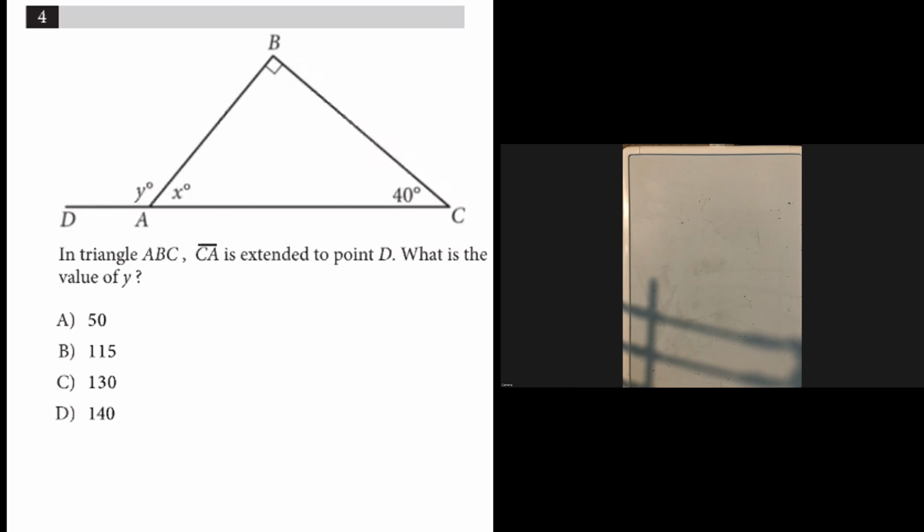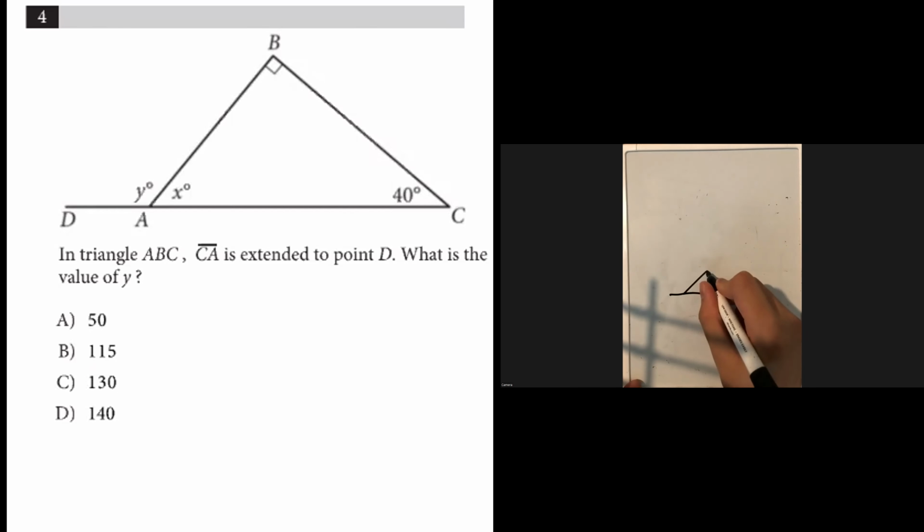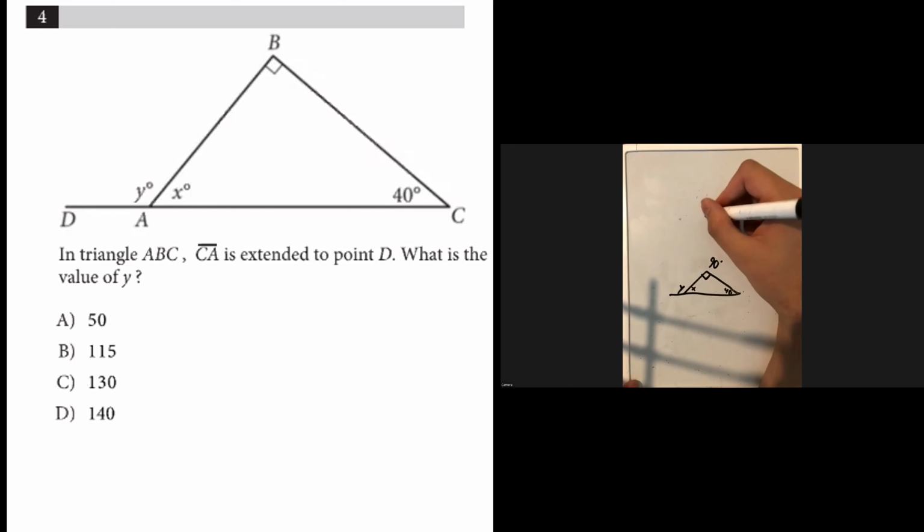All right, so for this one, it's also pretty easy. We're given this triangle like this. We're given this 40 degrees. And this is a right angle based on that square thing. So because there's a right angle, we know that there's 90 degrees. And so it's asking for y here. And so basically all the angles inside of a triangle have to add up to 180.